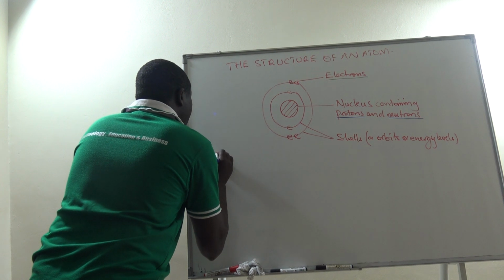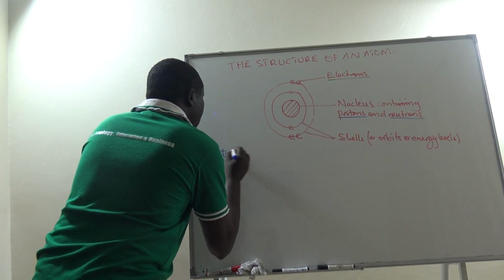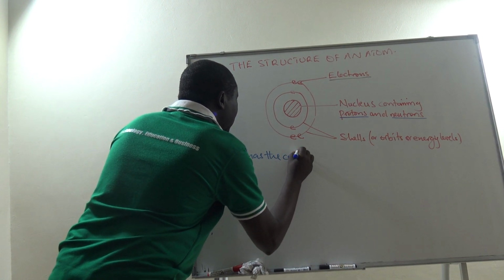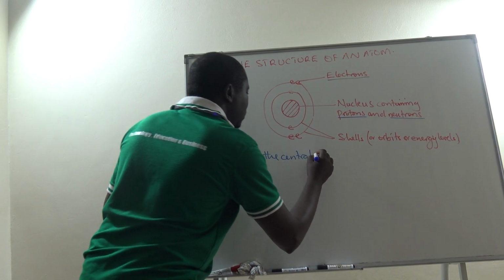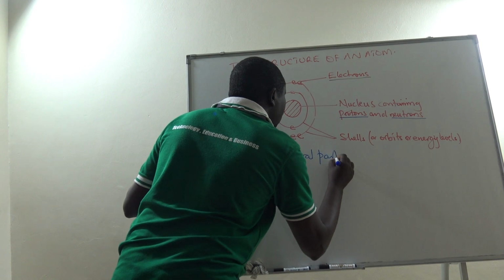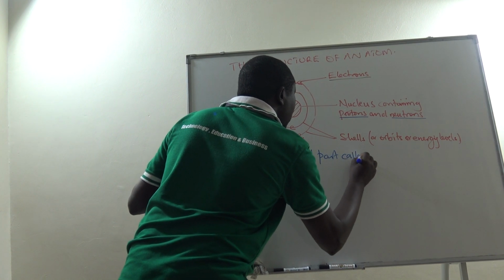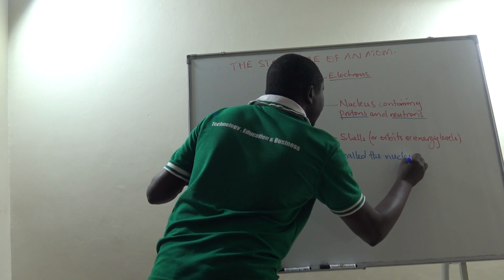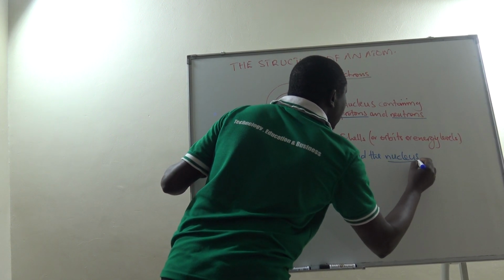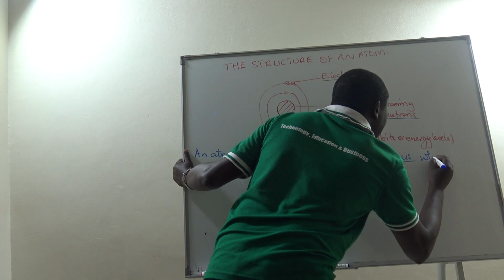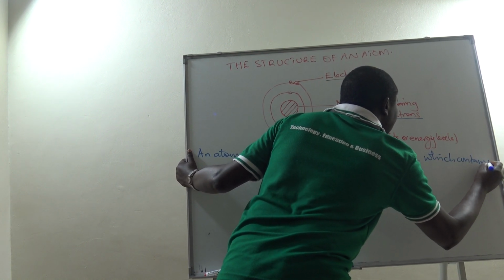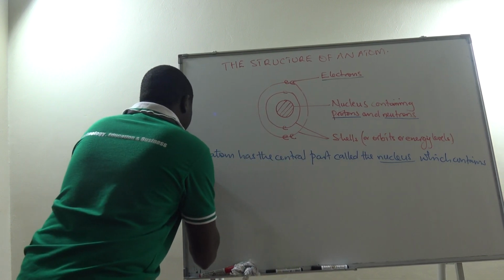So let us make a word description here that an atom has the central part, called the nucleus. Let me underline it, which contains positive particles.